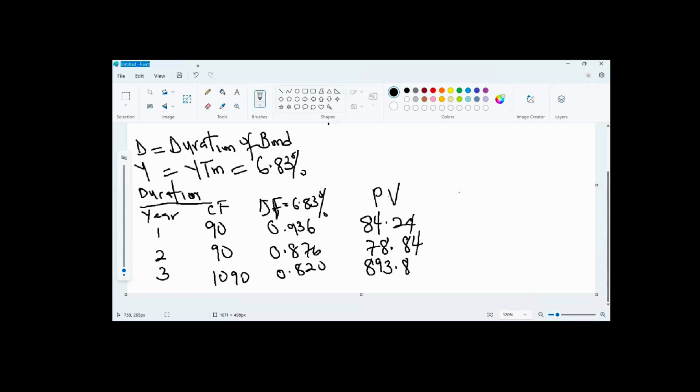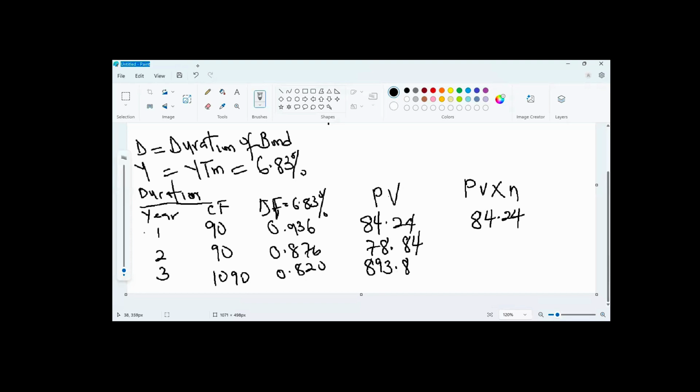Then the last column, present value multiplied by n. For year one, our n is 1. 1 multiplied by 84.24 is 84.24.